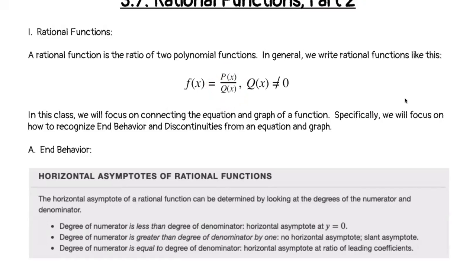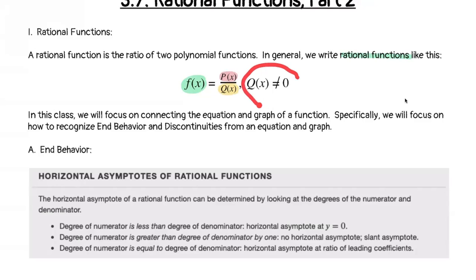Our rational function is the output. But how did we get it? We took a polynomial function and then a different polynomial function, and we divided those.